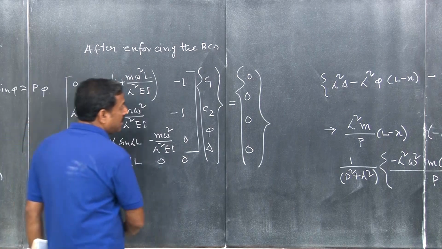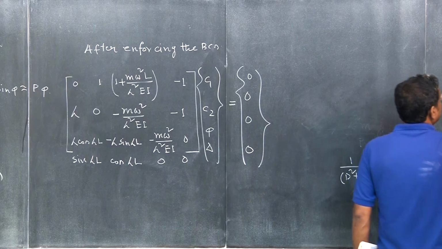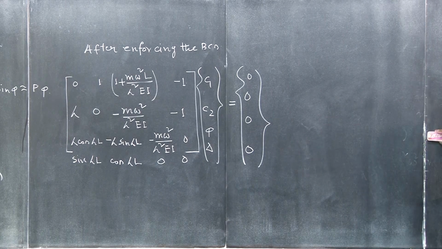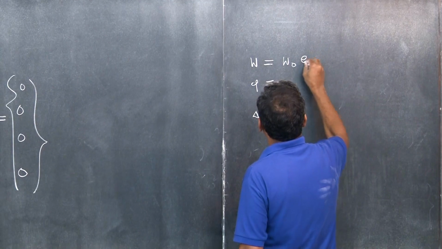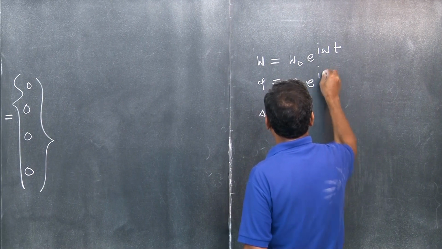Okay, now essentially what we see is the addition of this inertia force, converting the problem into a dynamic problem. We have assumed that all these variables, W, phi, whatever, allow a periodic solution, right?